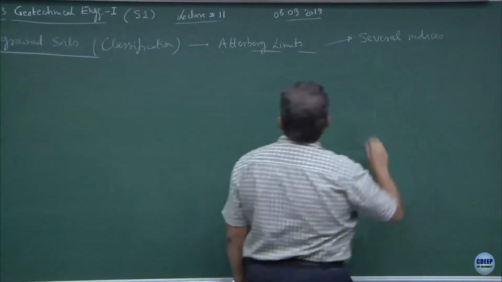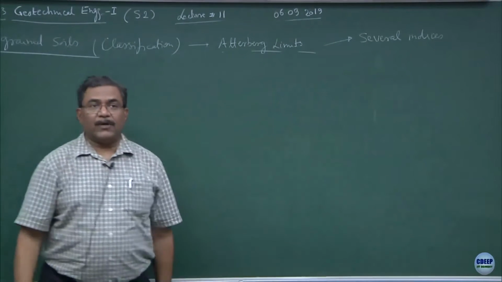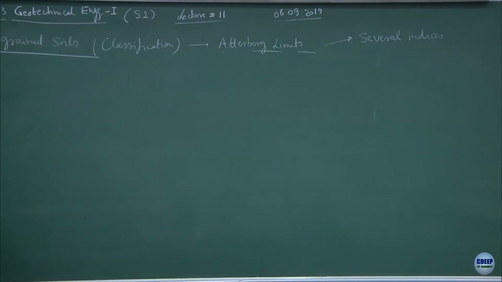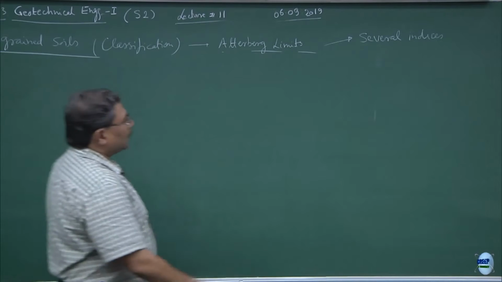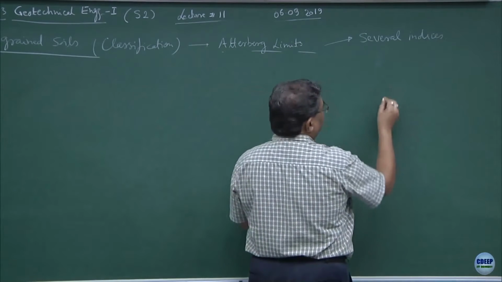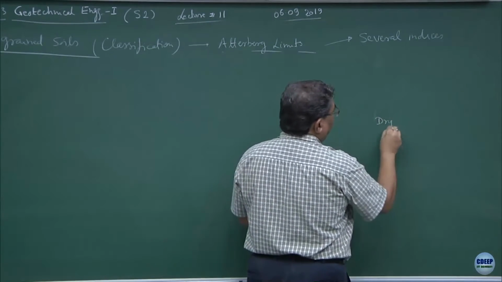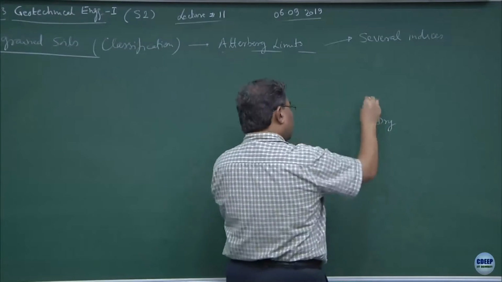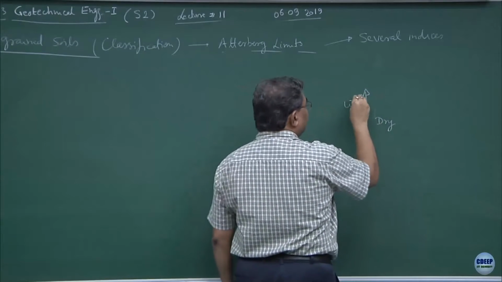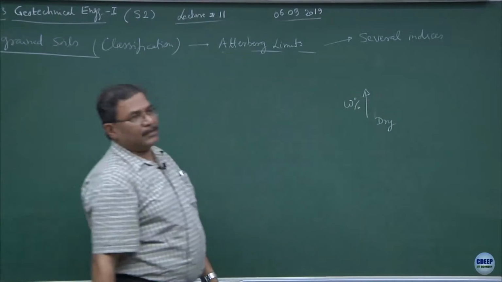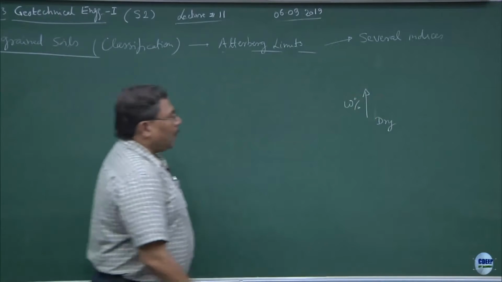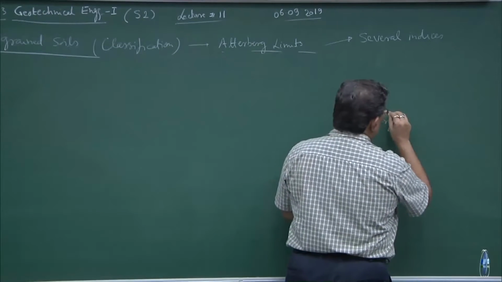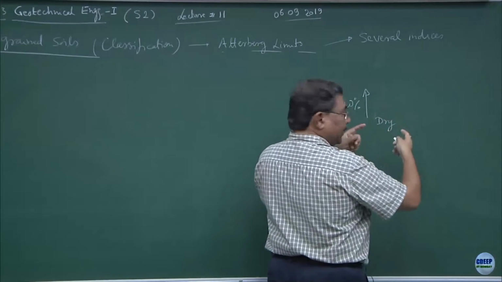As I said in the first or second lecture, soil is something which changes its characteristics when it comes in contact with water. Suppose I start from a dry soil mass and add water to this. What is going to happen? The state of the material keeps on changing.